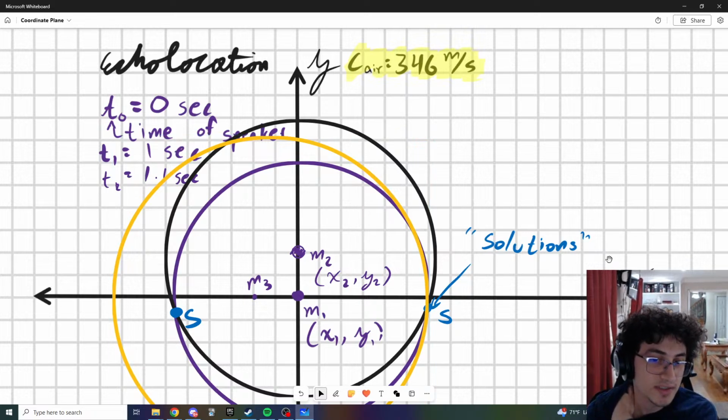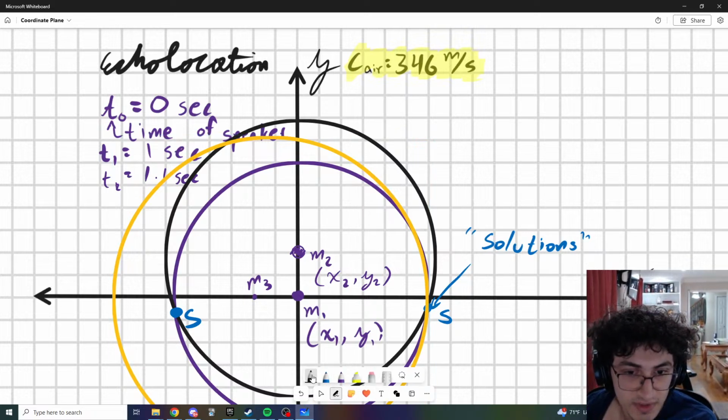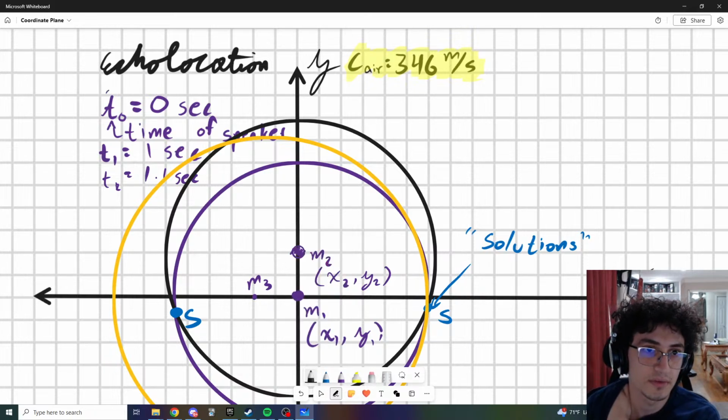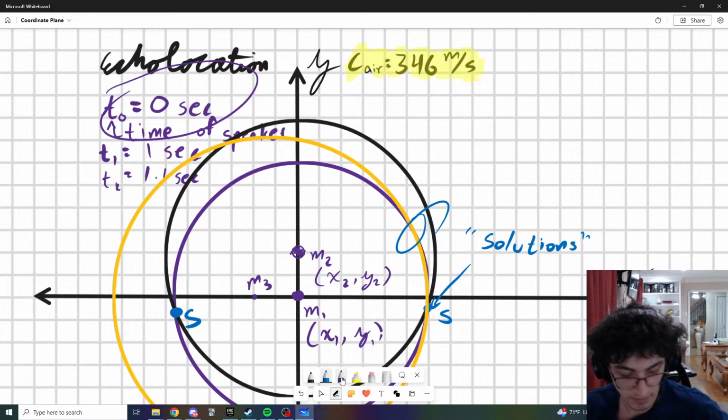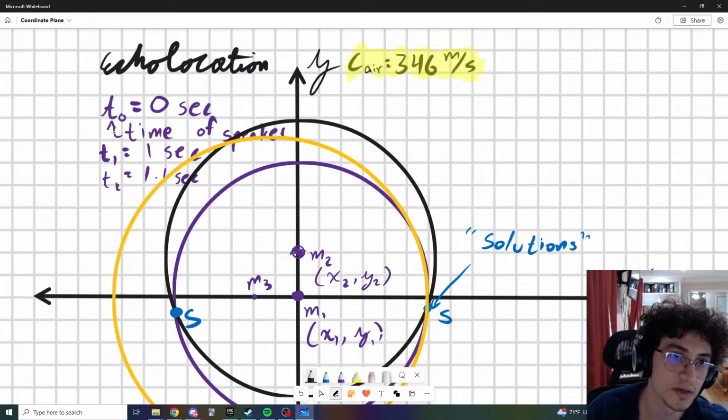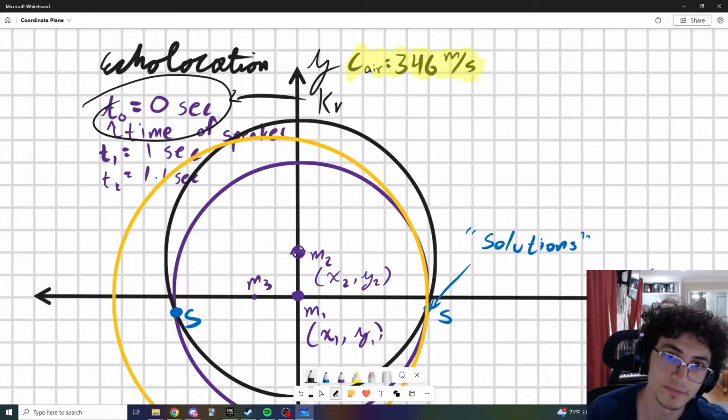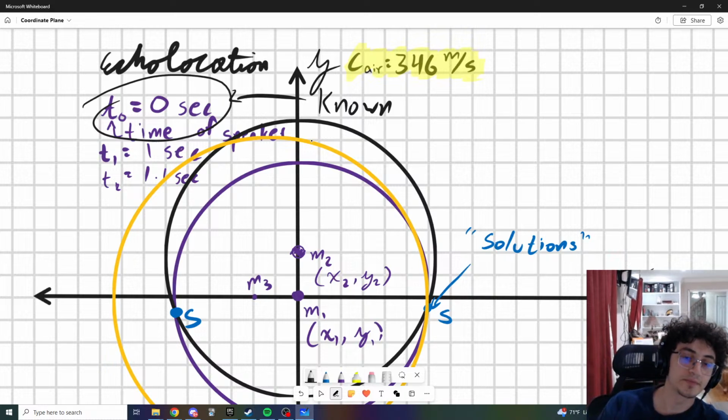So this is what's called time of arrival. This whole method is called time of arrival, because we already know this is known, and that's a pretty big deal to have that be known.